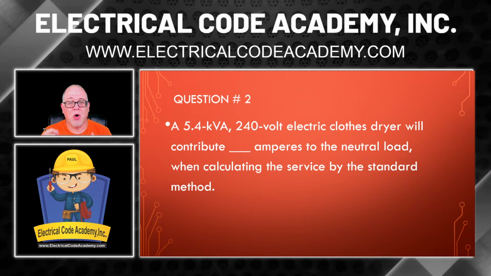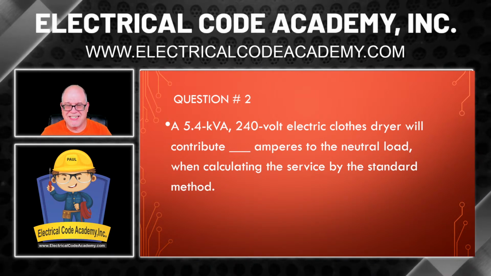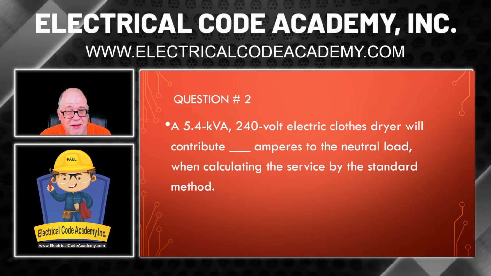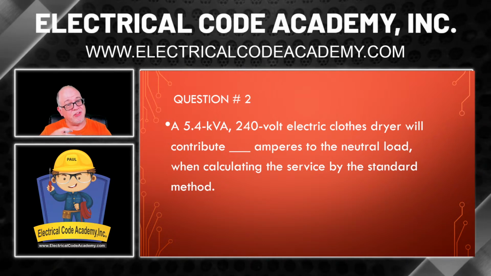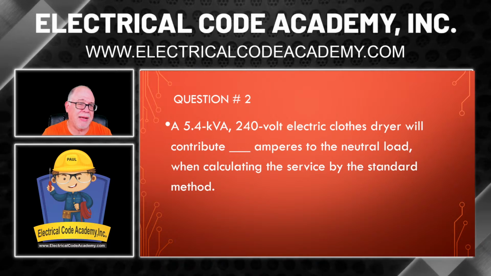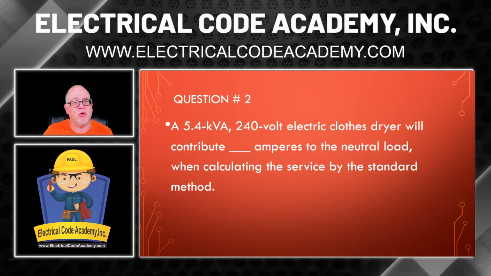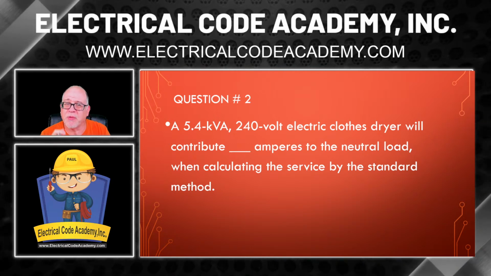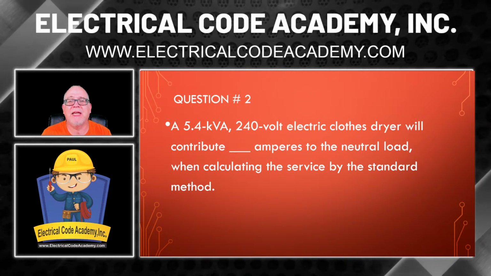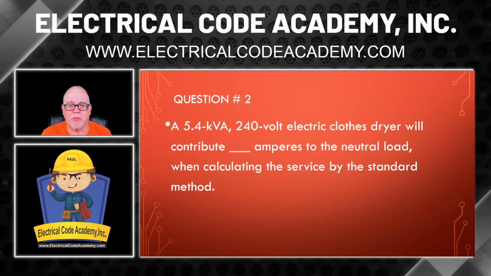Okay, so we know we're in the standard method, so we know that we're going to be deep within Part 3 of 220, because that's where the standard method is. We also know that this is asking about neutral contribution, so we know there are rules that have to apply to that as well. And there's a percentage of demand that we can apply to the value in order to get our contribution.